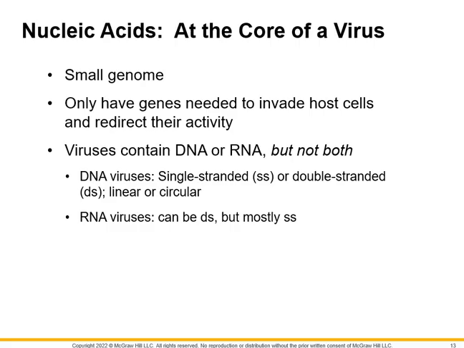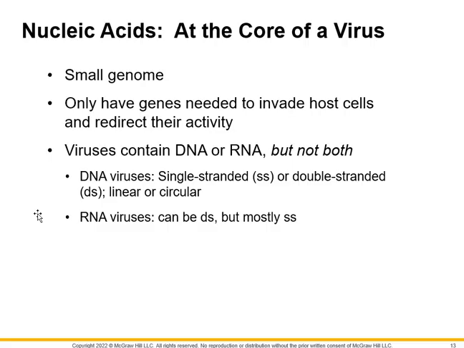Now, we talked about the genome a little bit and the nucleic acids. So we said that they can be DNA or RNA as part of the nucleic acids. The viral genome itself is very small. Really, it only needs genes to encode how to make the capsomere proteins, right?